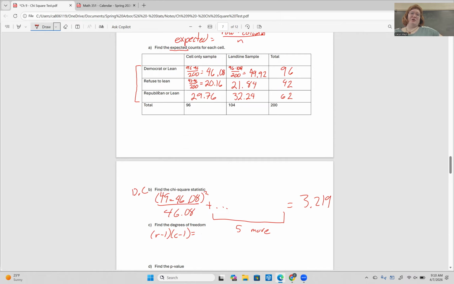We don't include the total. So 3: Democrat, refuse to lean, or Republican, and we have cell versus landline, 2. So 3 minus 1 times 2 minus 1. Our degrees of freedom are 2.